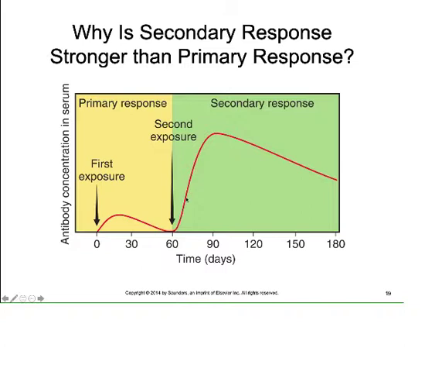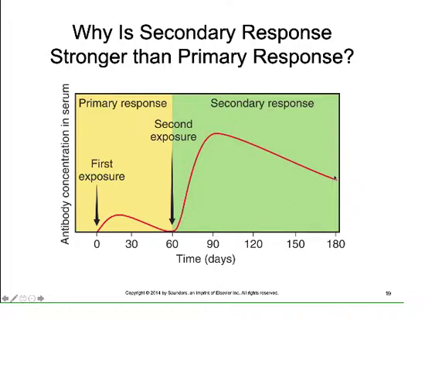and this is when you see the same antigen a second time, okay? And the result is that we generate a greater number of antibodies more quickly, and the result is that we're able to knock the pathogen out before it gets a chance to make us sick.